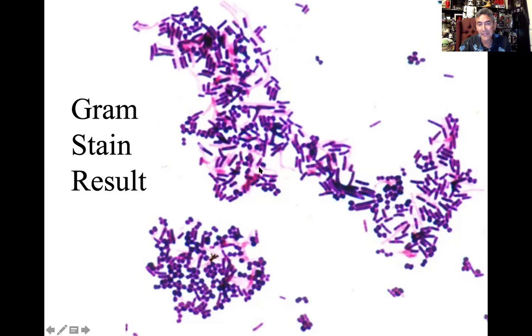I can see some pink. I can see some purple. So this would give the doctor an idea, oh, this is maybe 2 types of bacteria. We're looking at a gram-positive and a gram-negative, or we're looking at bacilli and cocci. So this is, again, an important first step of information to determine the species of bacteria.